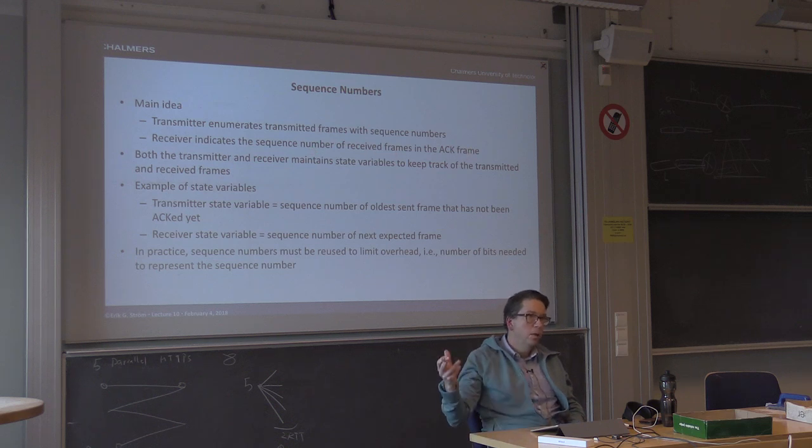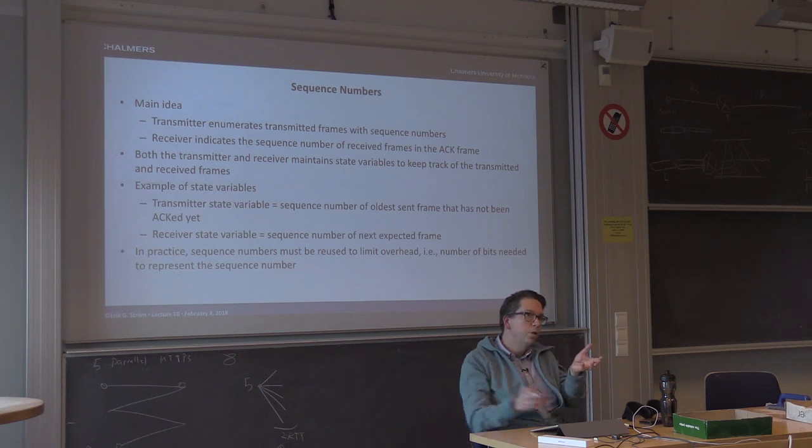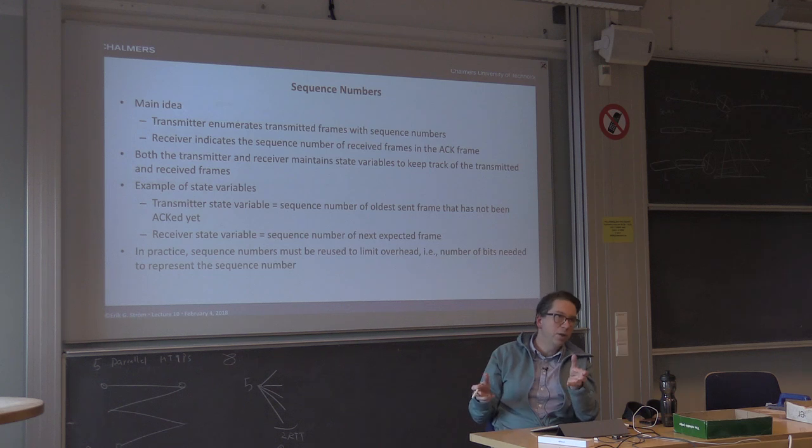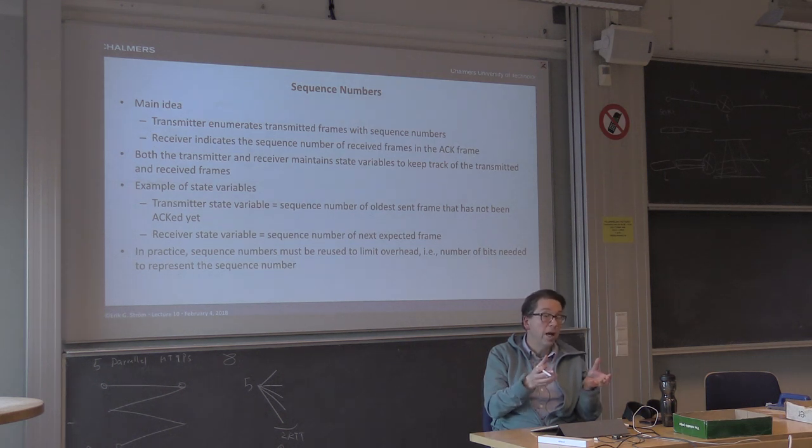So when the receiver gets a frame with the sequence number, it includes information about that sequence number in the acknowledgement that goes back. So then the transmitter, which receives an ACK, can look at the ACK and be sure exactly which packet the receiver has received.